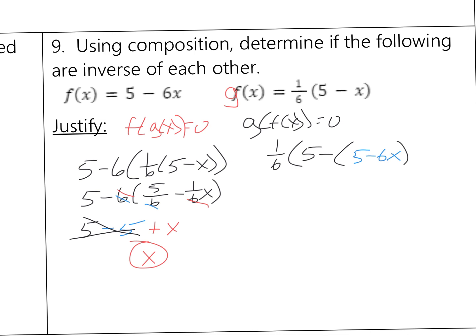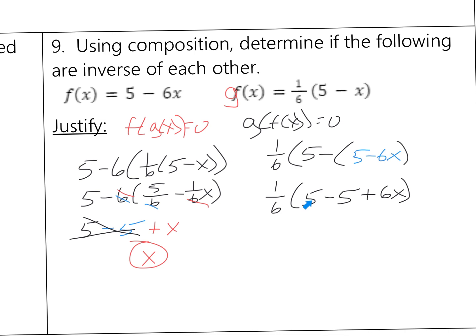All right, so now what I need to do is distribute this minus sign to both of these terms, okay? So we have 1/6 times 5, and then it would be minus 5, because negative 1 or minus times 5 is minus 5. And then minus 1 times negative 6x is going to give us plus 6x.